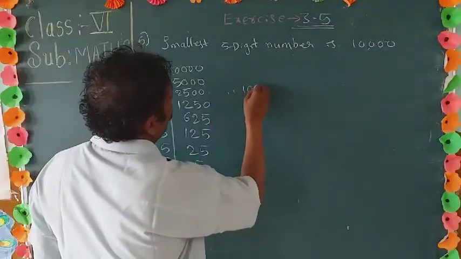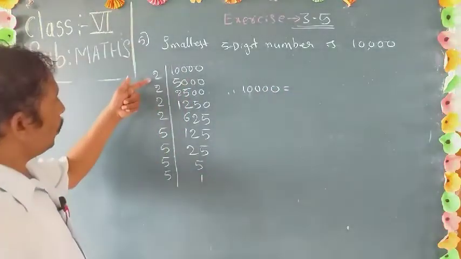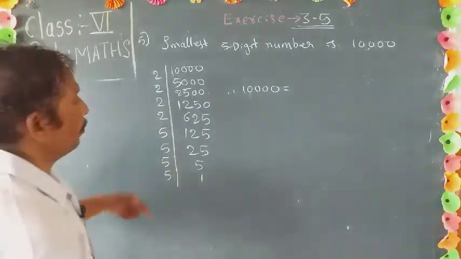Therefore, the number 10,000 can be written as 2 into 2 into 2 into 2 into 5 into 5 into 5 into 5.